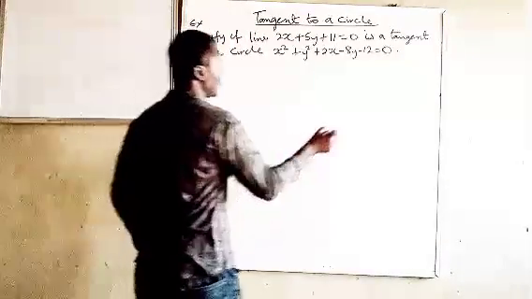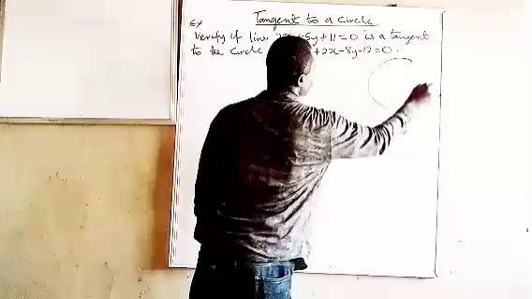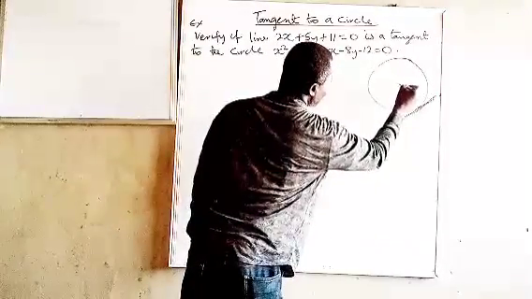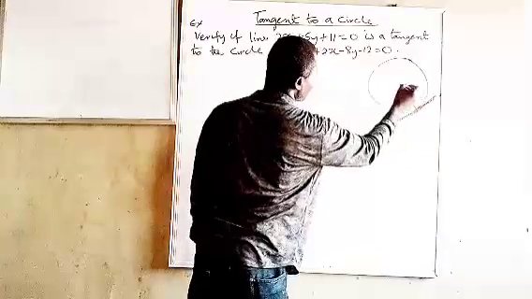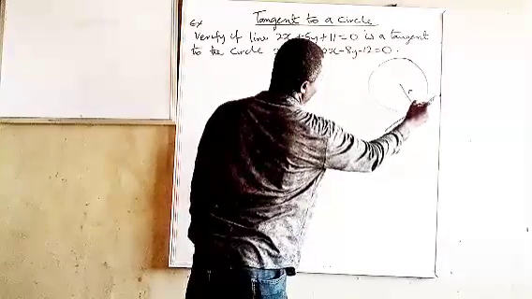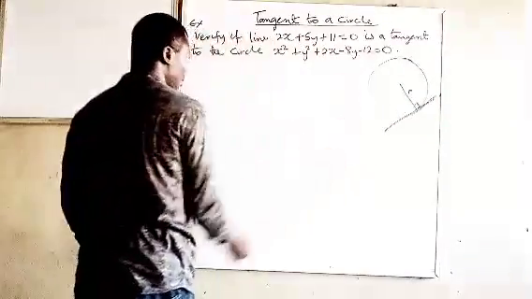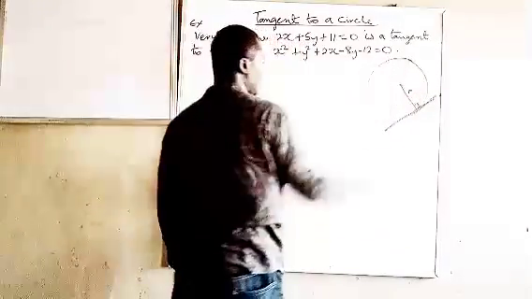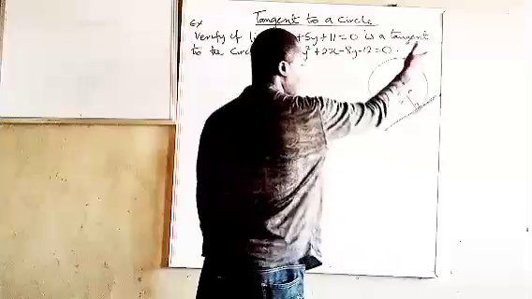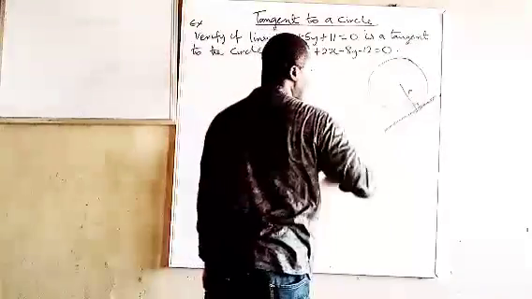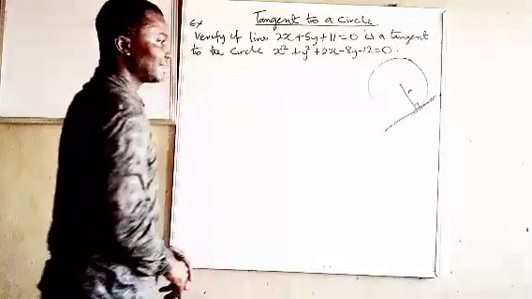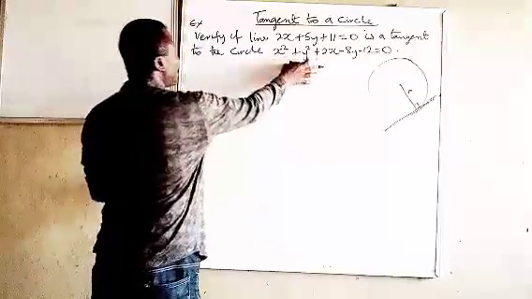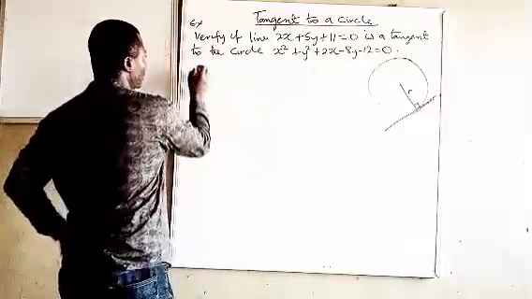We have said that the distance of the tangent from the center should be equal to the radius and at the same time should be perpendicular to the radius. But since the radius can move through 360 degrees, the tangent of the circle too can have as many gradients as possible. Now, to verify this, the first thing is to find the center of this circle. Let's go.